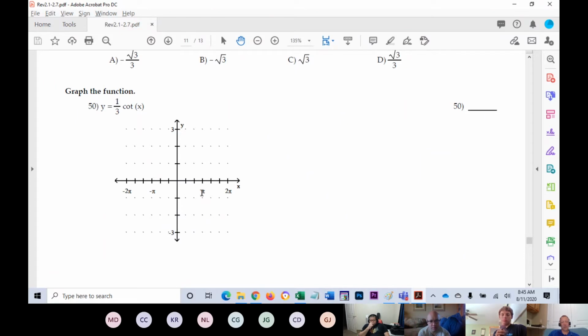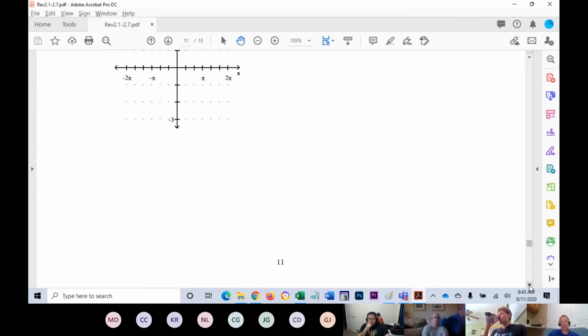Well, if I put them at pi and negative pi, that's going to be a period of 2 pi. Oh. So it's either got to be at 0 and pi or at negative pi halves and positive pi halves. Gotcha. So maybe the period would be between 0 and pi. Now, I'm not too concerned about the 1/3 when you're drawing these, just so you know.